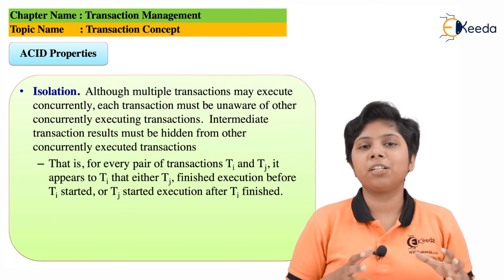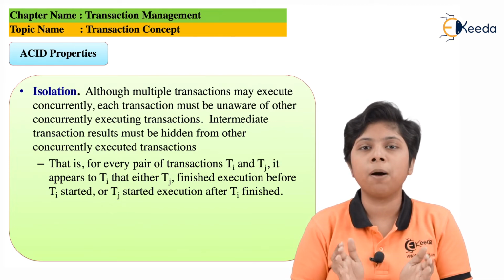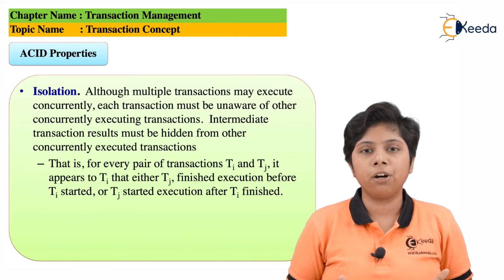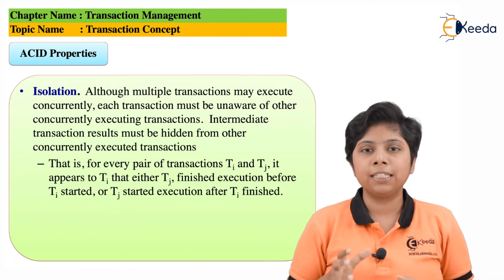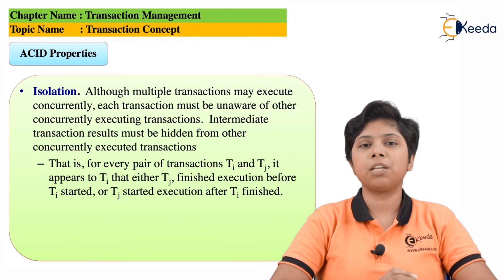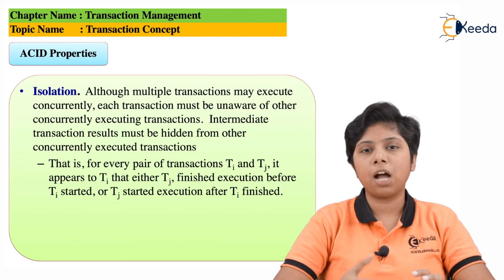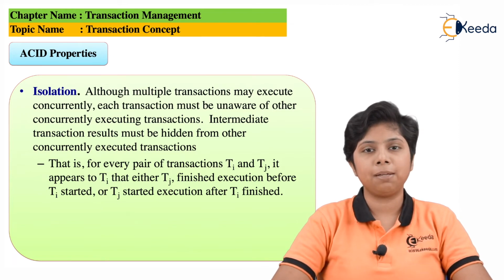We know that a transaction is accessing only a part of the database. The rest of the database is there for other transactions, or just for storing the data that the user intended to store. Now, what happens if a transaction that is concurrently executing with another transaction tries to access the same data at the same time?